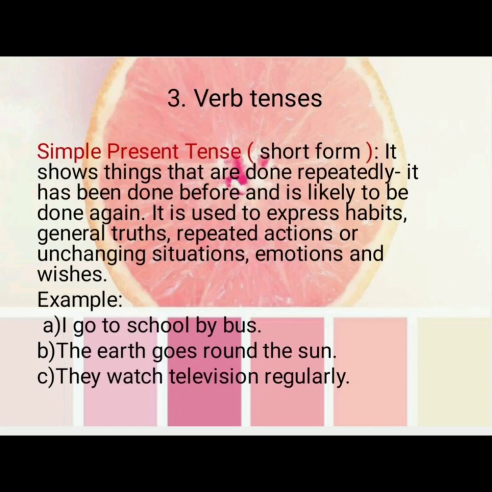The third topic, verb tenses. The present tense has two main forms, that is, the simple present and the present continuous. The simple present tense is often known as the habitual present because it implies something that has been done before and it will be done again.